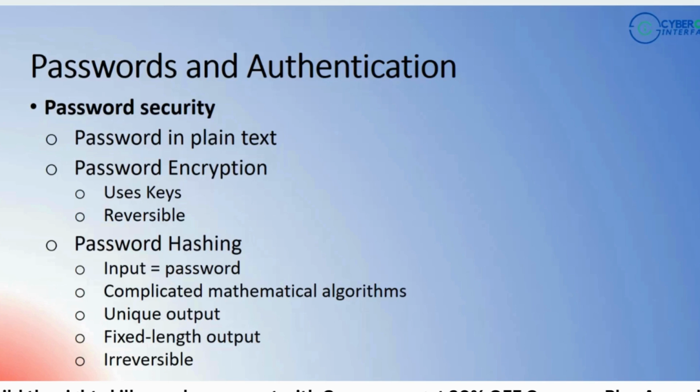Unlike encryption, where if you encrypt something, all you need is the key. It's like you lock a door, and to unlock it, you use the key. But hashing is permanent. Once you hash it, you can't reverse it. You can't look for another mathematical algorithm that will reverse or calculate it. No, that's not hashing. So hashing is irreversible.